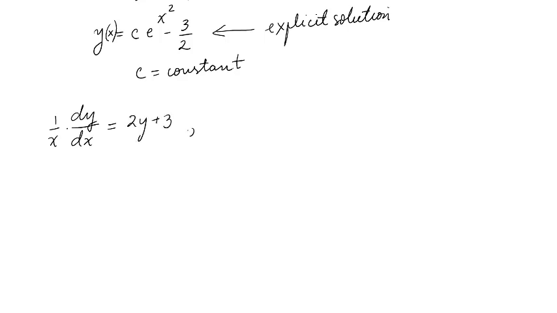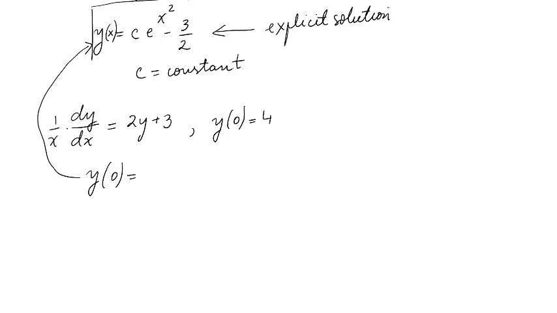If we had an initial condition, like for example y of 0 equals 4, then we would be able to calculate the constant. So how do we do that? If we replace y of 0 into the solution, let's put it in a box to remember that this is our solution, we get c times e to 0 minus 3 over 2 equals 4.